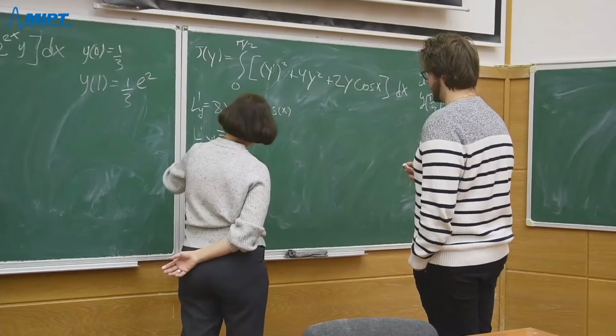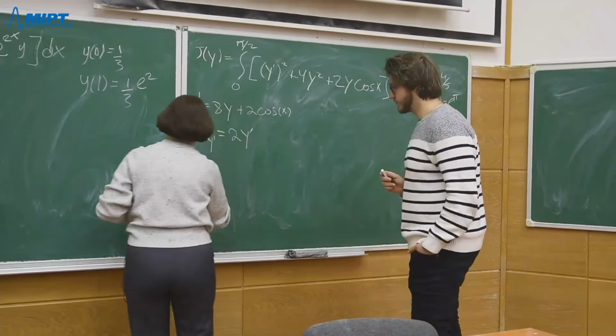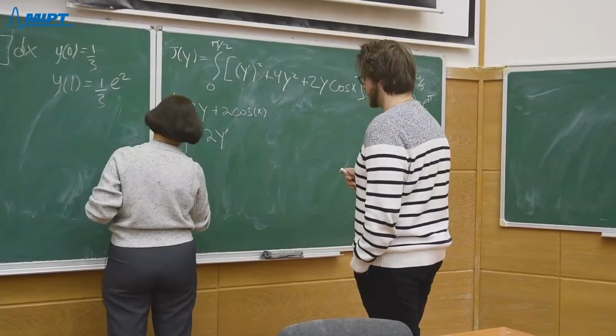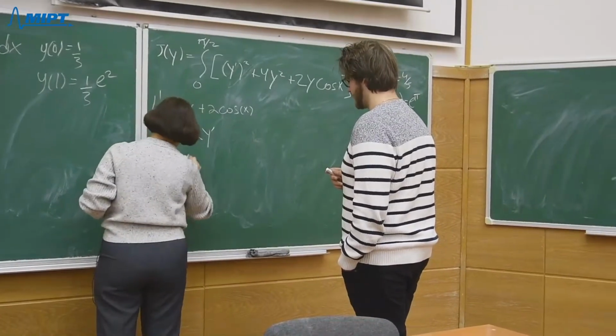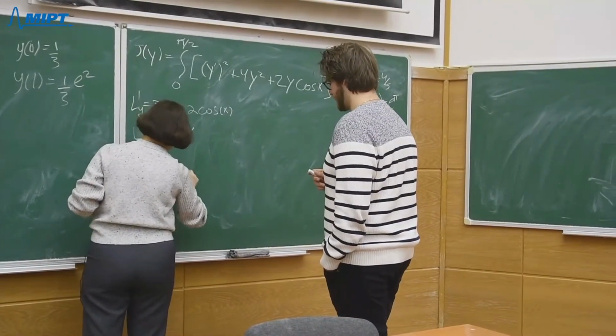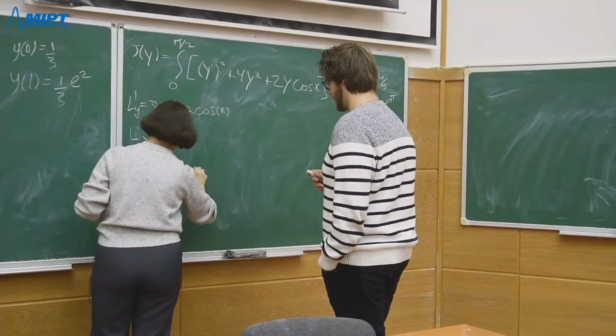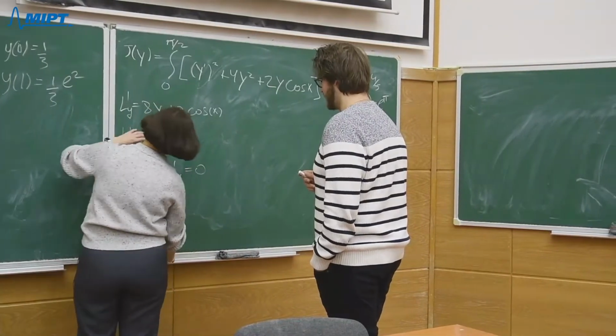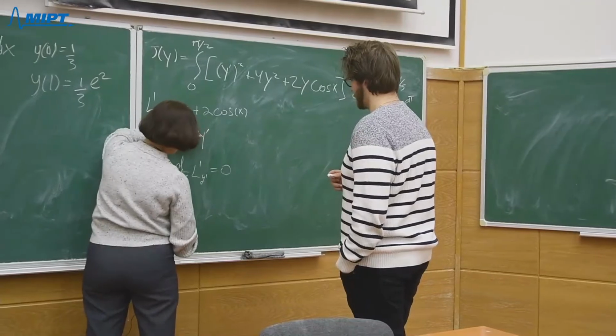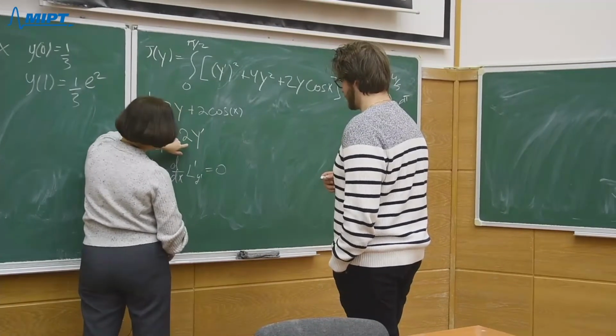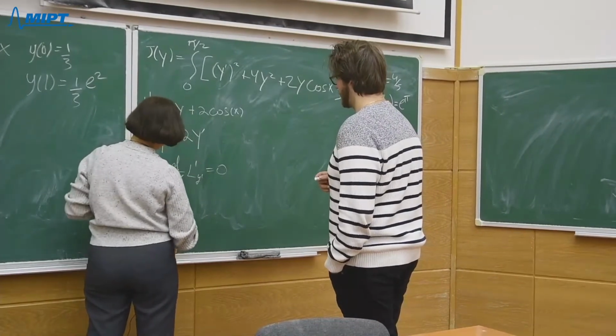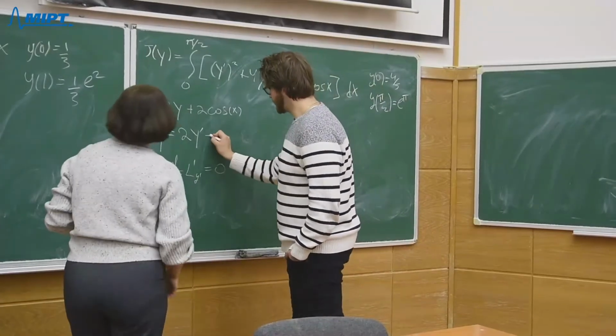And after this, you must substitute this into the Lagrange equation, which is this: d over dx of L with respect to y prime equals 0. So you must differentiate this with respect to x, and this will give you 2y double prime.